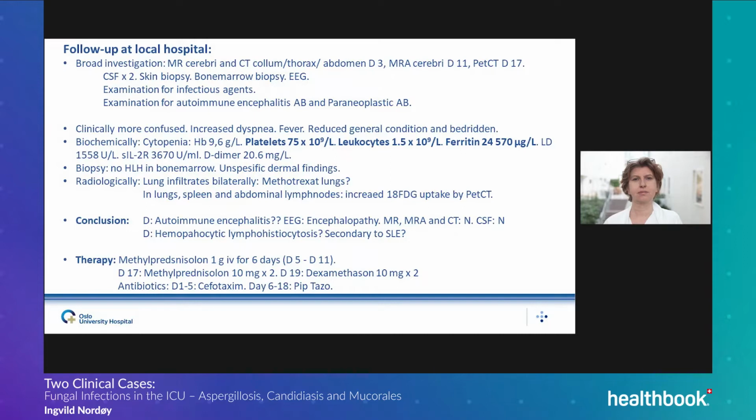Of course, she was treated with antibiotics. They start really nice in Norway with cefotaxime, and then they went off to piptazo after 5 days. It didn't really change much. Next, please.